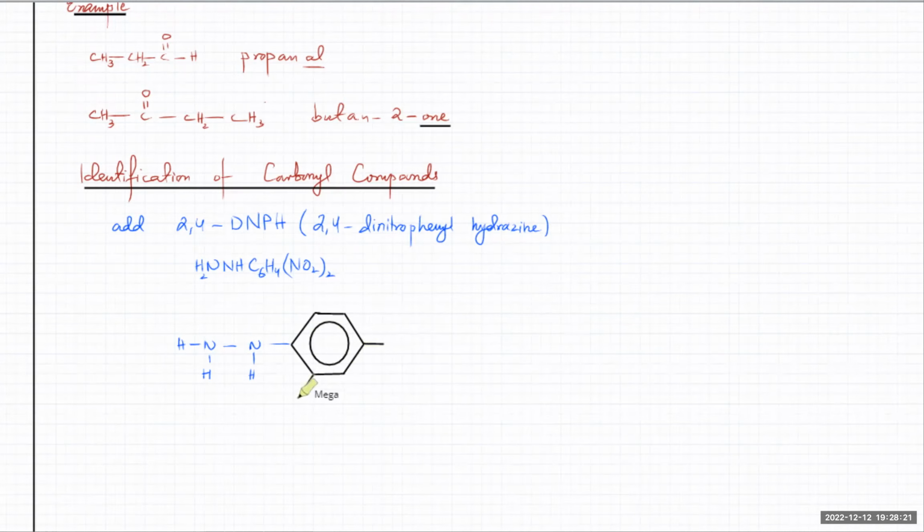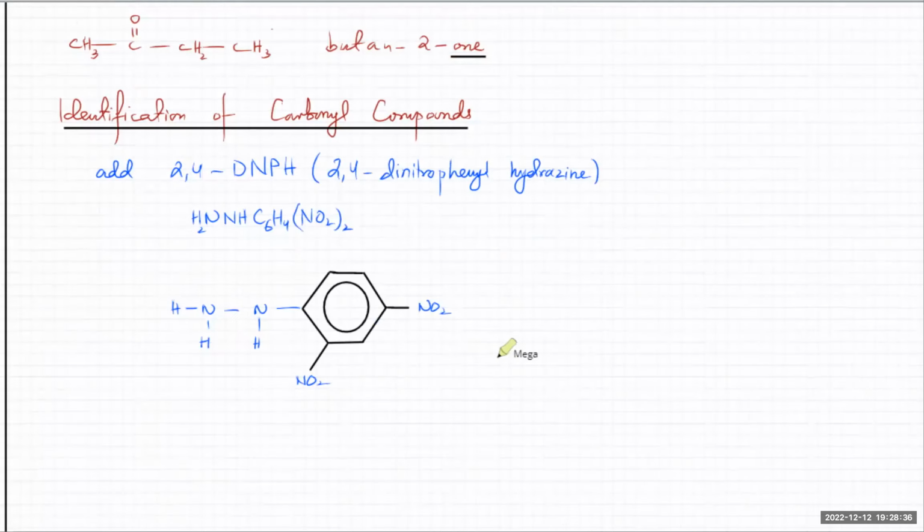So there are going to be two NO2s attached to it. So this is 2,4-dinitrophenyl hydrazine. It's this molecule, and what this molecule will do is that when you add 2,4-DNPH, the result is you're going to get an orange precipitate. So that's going to be your result.